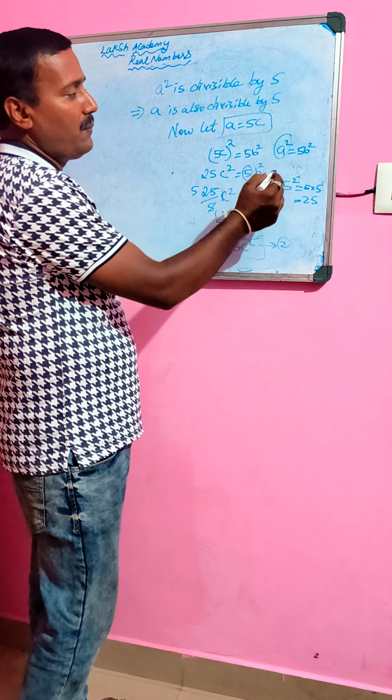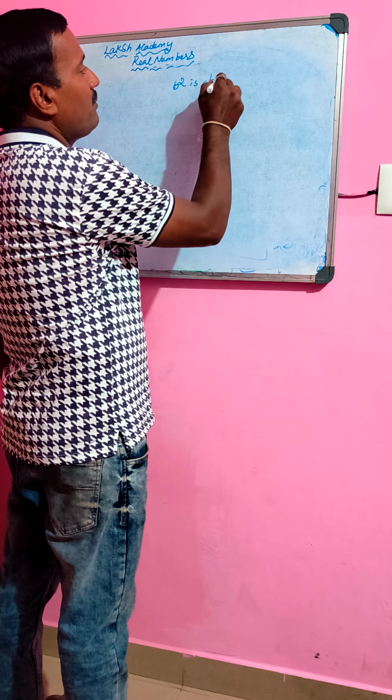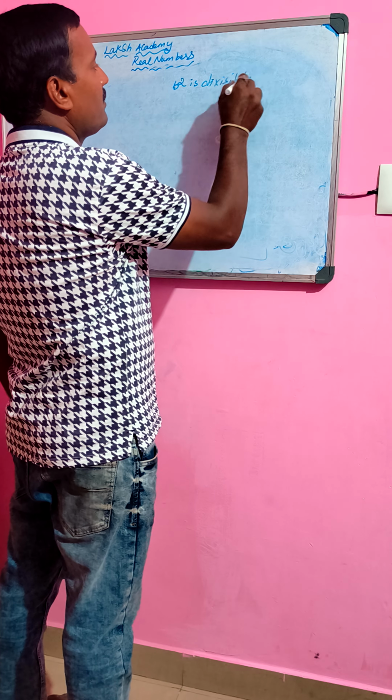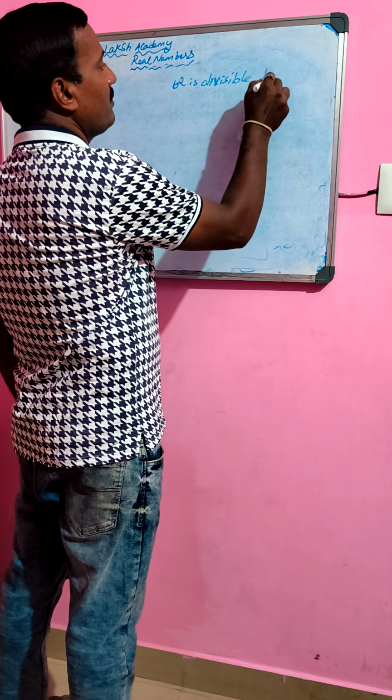Now b square is divisible by 5. This implies b is also divisible by 5.